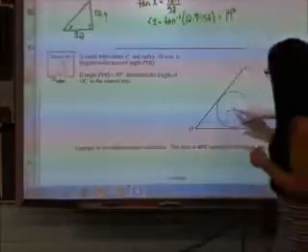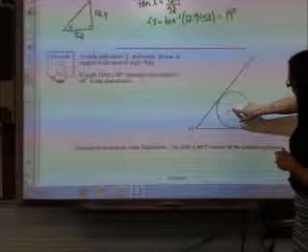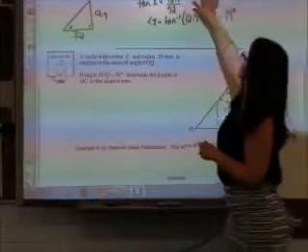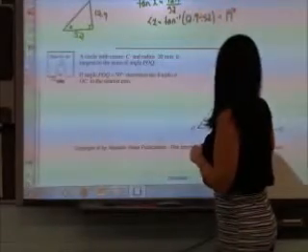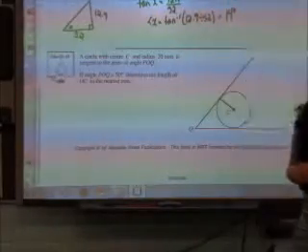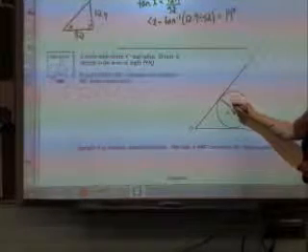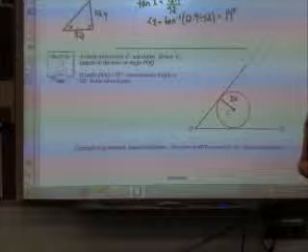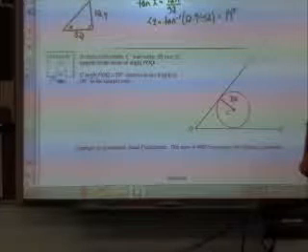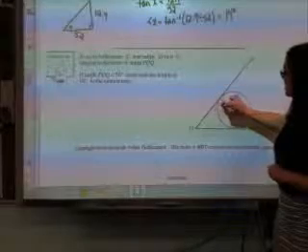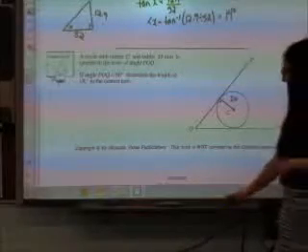And what do I know about the line drawn from the center of the circle to the tangent? It's the radius, and what else do I know? A line drawn from the center of the circle to the point of tangency is perpendicular, which means it is 90 degrees.